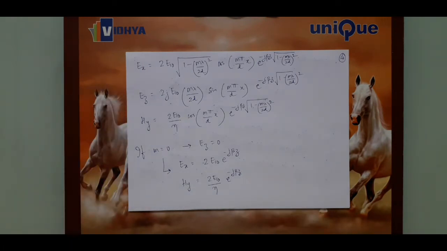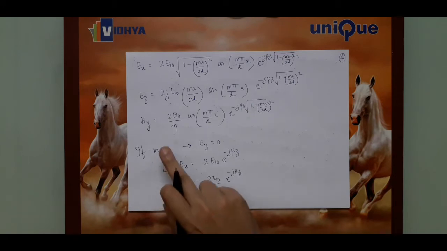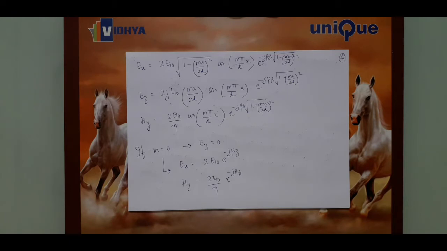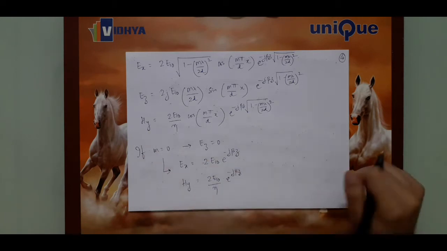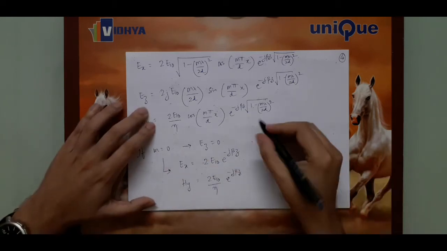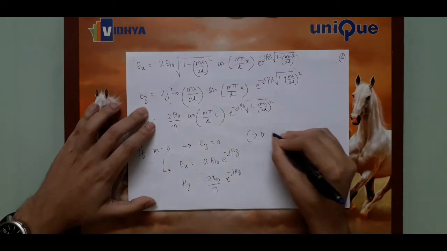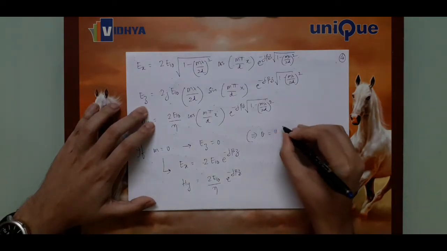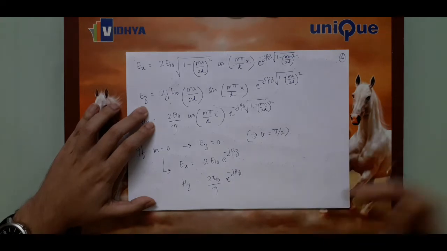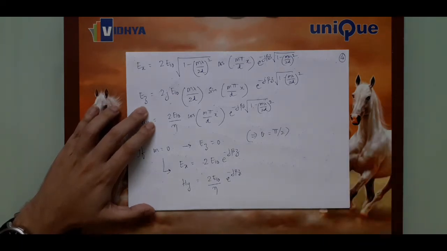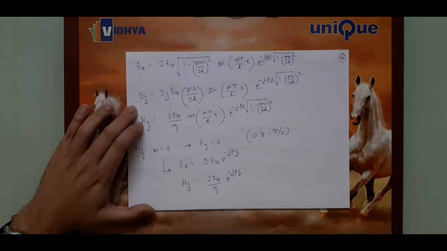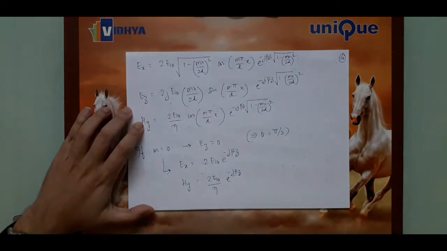Unlike the case of TE, where m being made 0 means that all the fields vanish, in case of TM, the transverse magnetic mode, if we make the small m equal to 0, that is like saying the angle of incidence theta is pi by 2. Only one of the field components dies out.